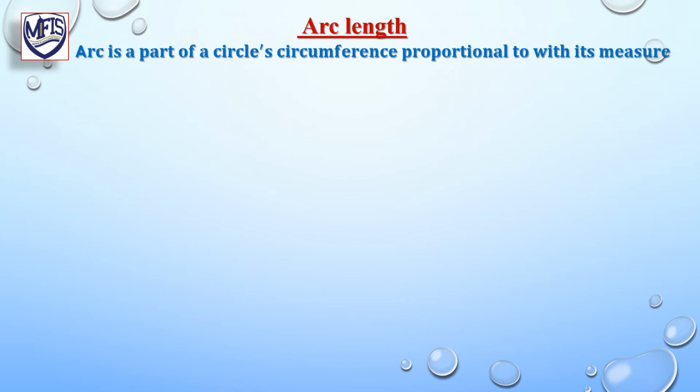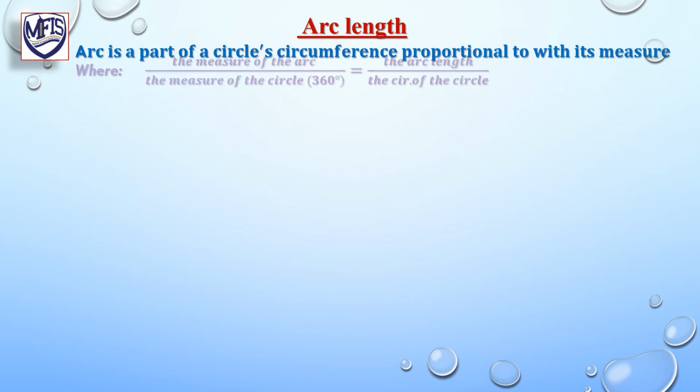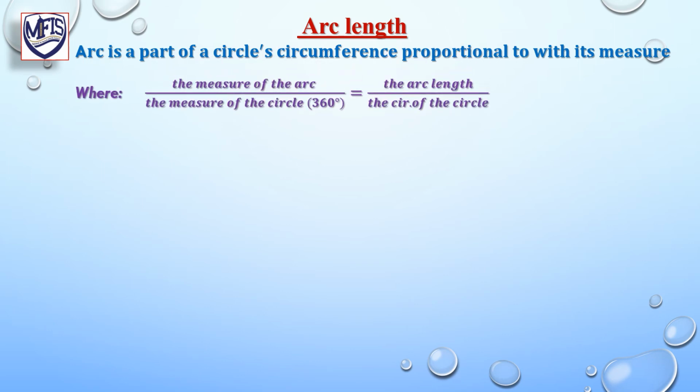So arc is a part of the circle's circumference proportional to its measure. That means measure of arc over 360 equals length of arc over the circumference of a circle. Again, there is a relation between the length of arc and the measure of arc.